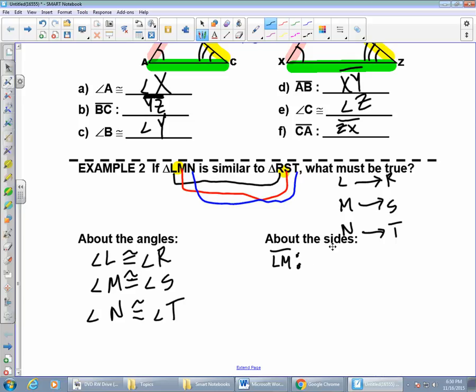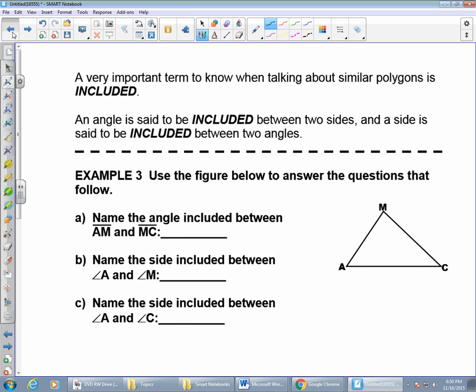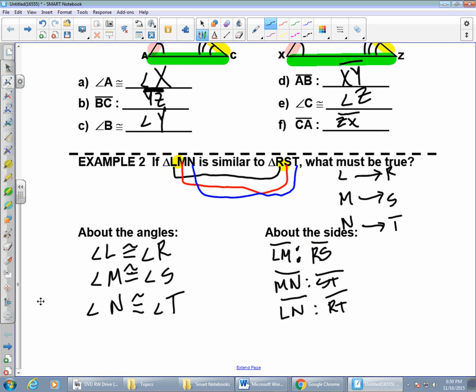Line segment MN corresponds to line segment ST, and line segment LN corresponds to line segment RT. Make sure I didn't leave anything out.